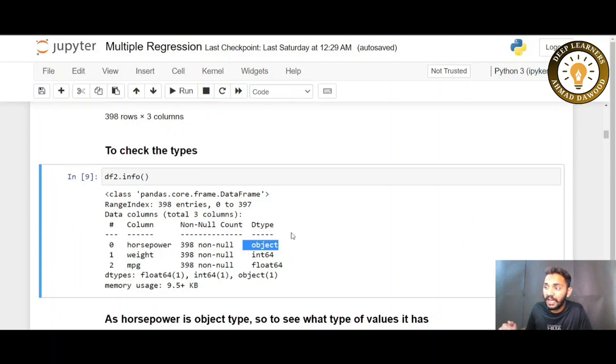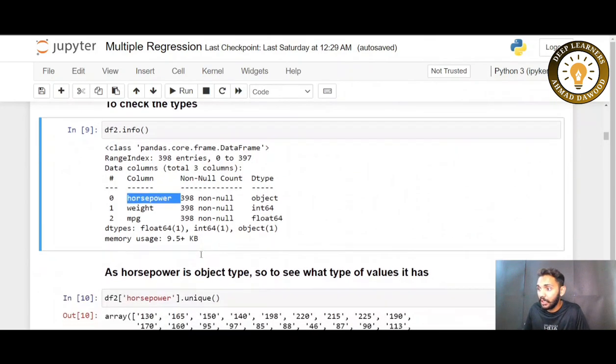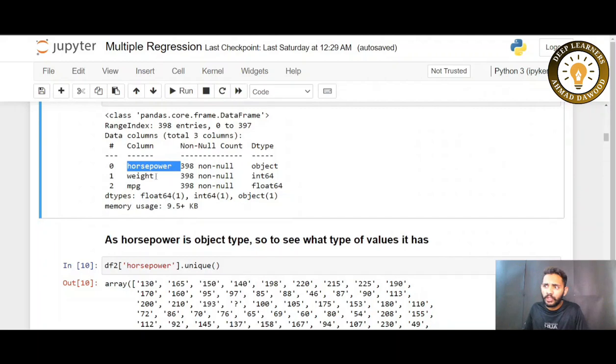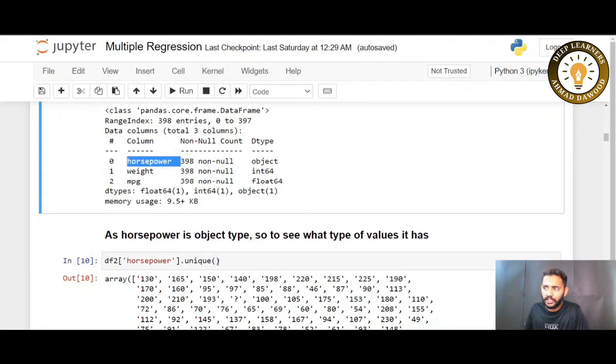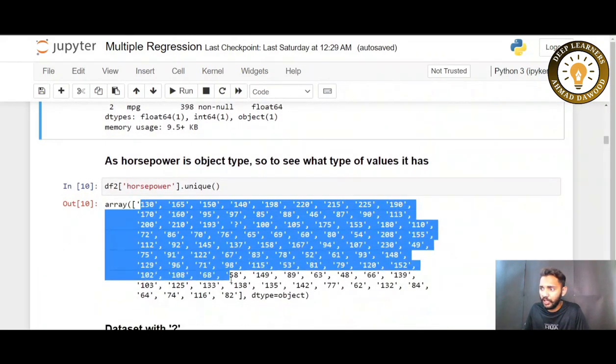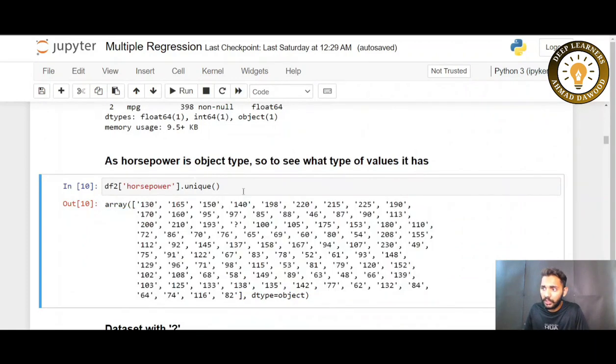To see what type of values this object column has, I ran the command horsepower dot unique, and here I see the unique values in the horsepower column.